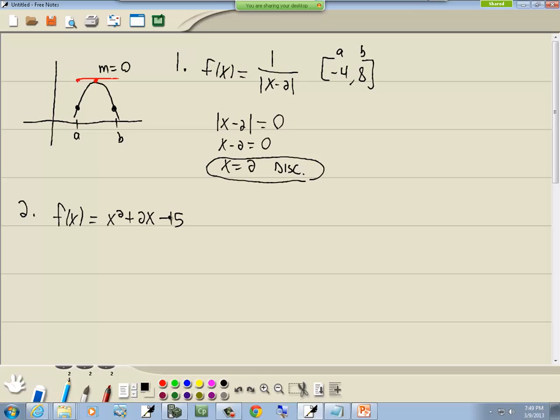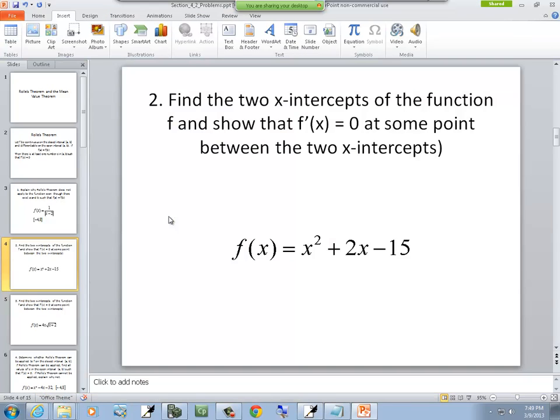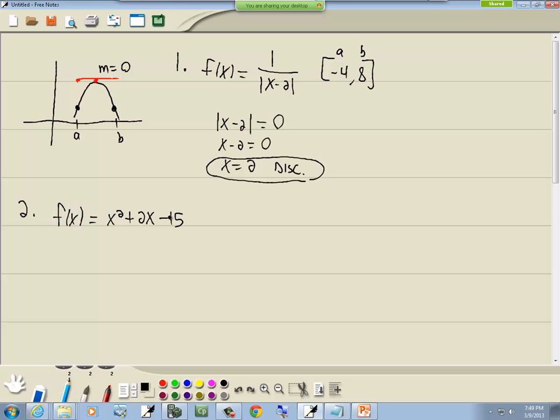Now, it tells us first to find the x-intercepts. Well, to find the x-intercepts, you always plug 0 into the other variable. So for finding the x-intercept, we'll plug 0 in for y. And remember, f(x) is y. So we get 0 is equal to x squared plus 2x minus 15.